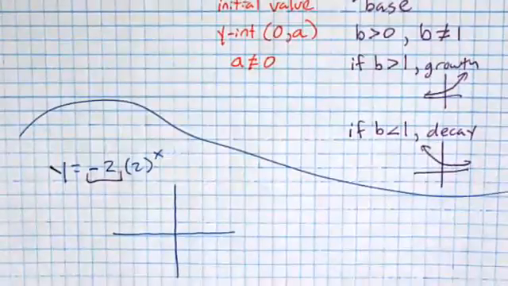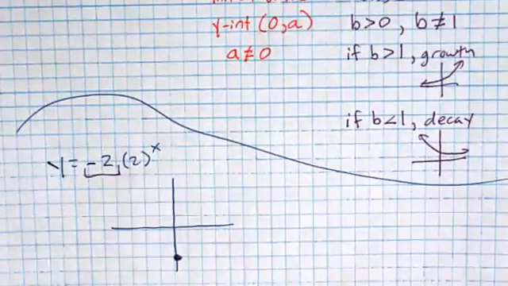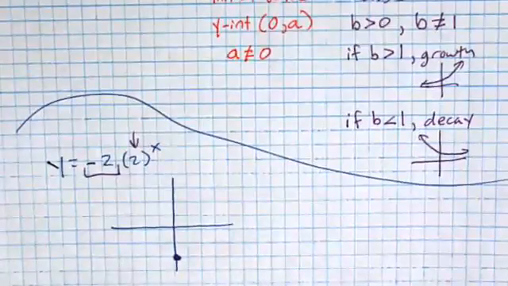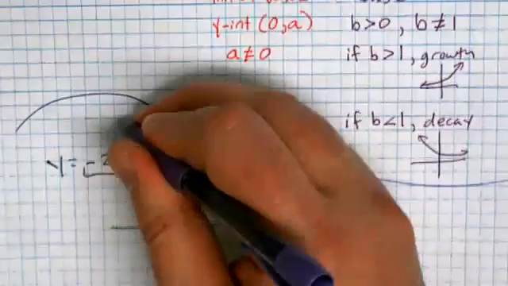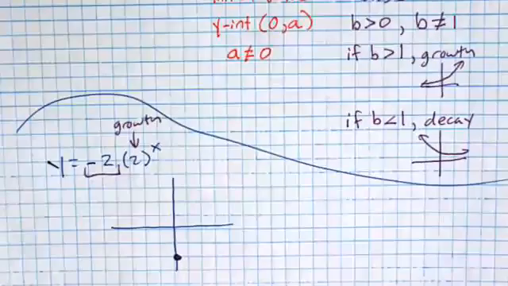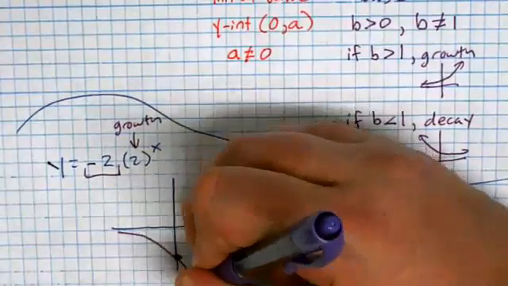My y-intercept is at -2. And I know because my b value is greater than 1 that this is growth. But it's growth away from 0 because the graph would actually look something like this.